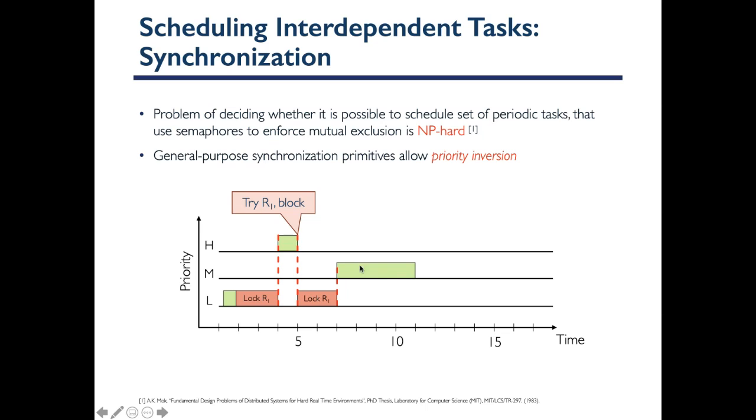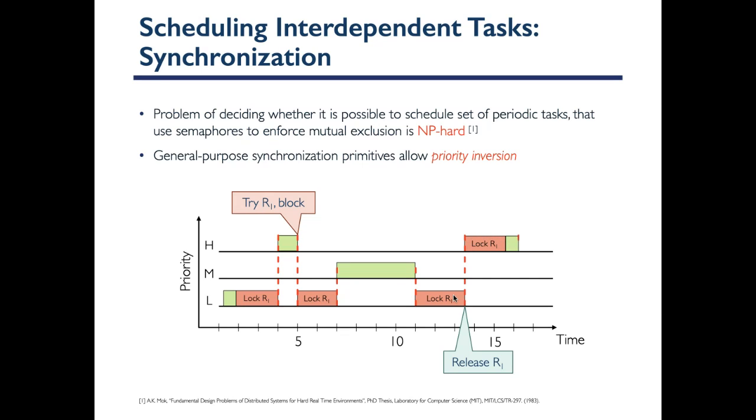But at the same time, M is getting higher priority than H because it's running. So this is the second instance of priority inversion in this case. Now, at some point, M ends, we finish L, L releases R1, and we can go back to H, and life continues.